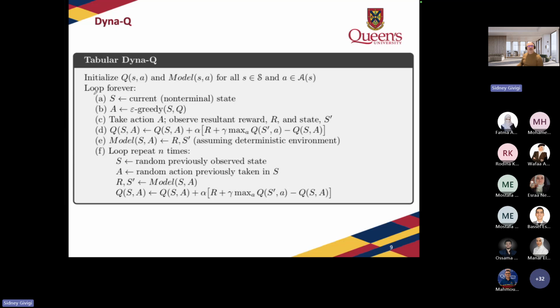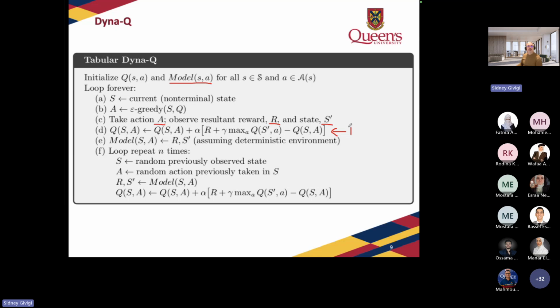Basically what we're going to do, once we have a model, whatever that model is going to be, we are going to take a real action in the real environment. We are going to observe a real reward, and we are going to observe a real next state. With that, we do one cycle of reinforcement learning.